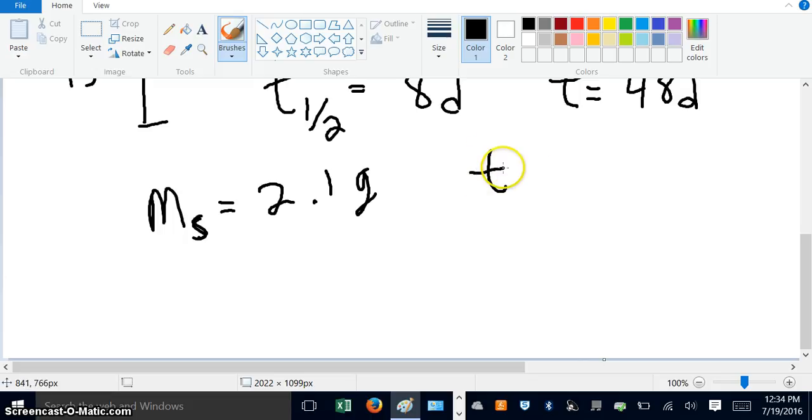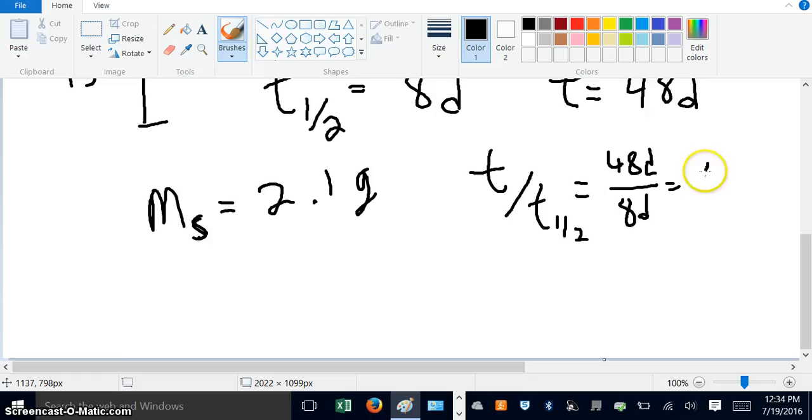Let's do this calculation first. So T over T 1/2 is, of course, just 48 days divided by 8 days. And so now that turns out to be a whole number. Of course, it's 6. So that T over T 1/2 is 6.